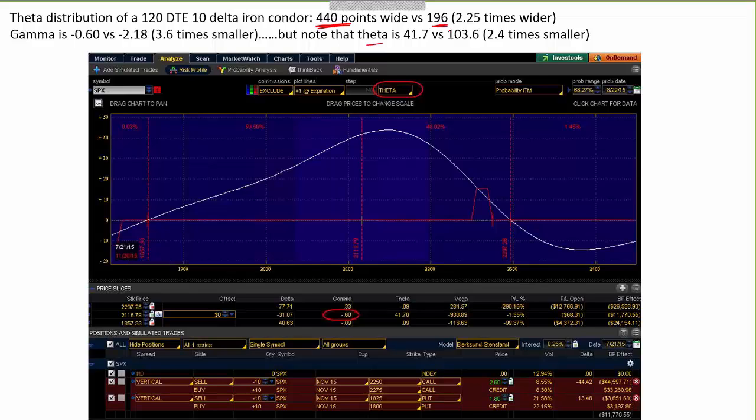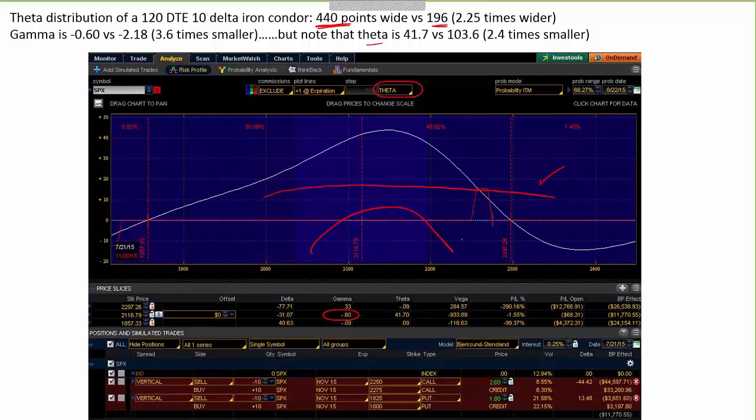On top of that, remember what we learned before. If you increase IV or you increase time, what happens to gamma? It goes down. So a long-term iron condor has smaller gamma, which means it's easier to trade. If you trade this gamma or this gamma, I know which gamma I want to trade. So that's a hell of a lot safer than this.